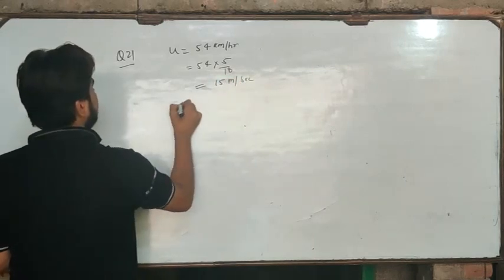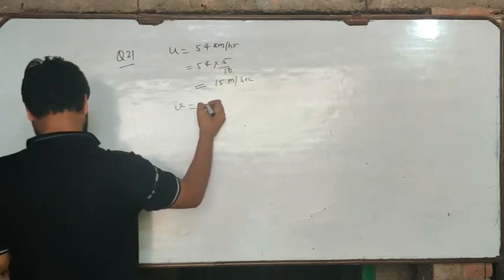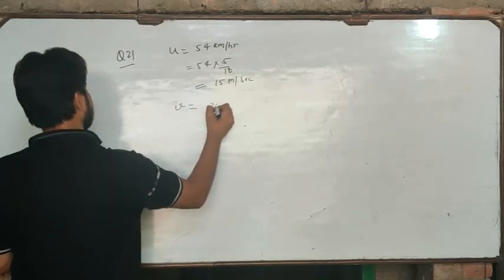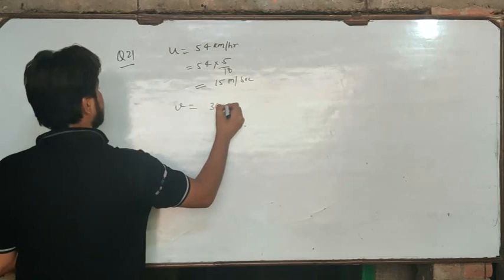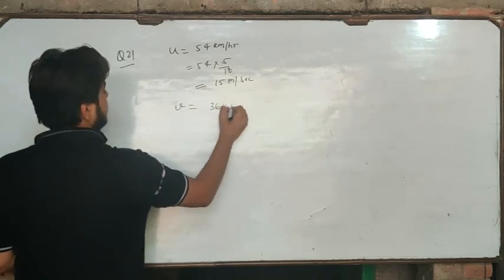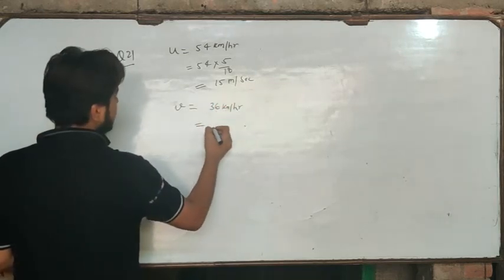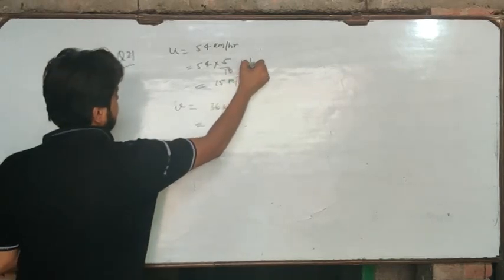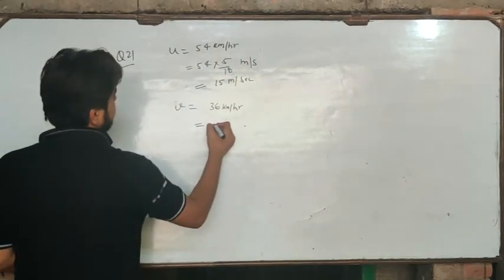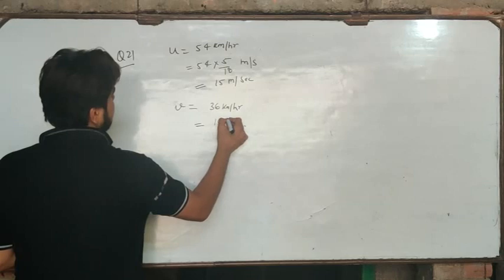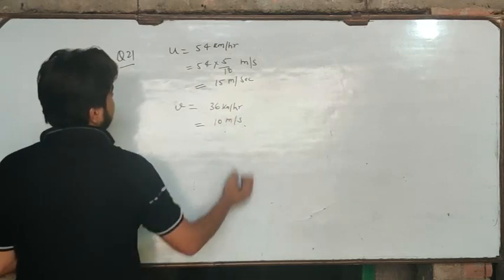And v is equal to 36 kilometer per hour. We change it into meter per second, so this is 10 meter per second.